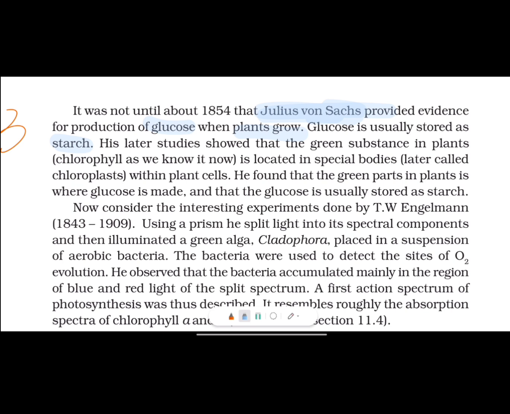This later study showed that the green substance in the plant, chlorophyll, is located in special bodies. Where is the chlorophyll present? In the chloroplast.